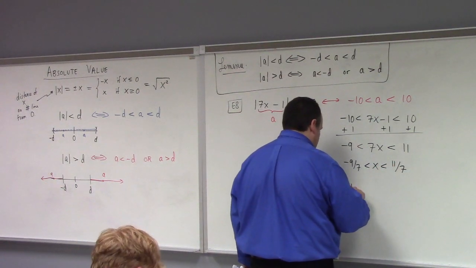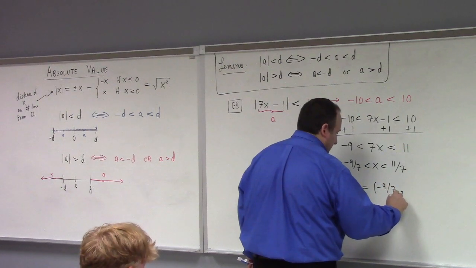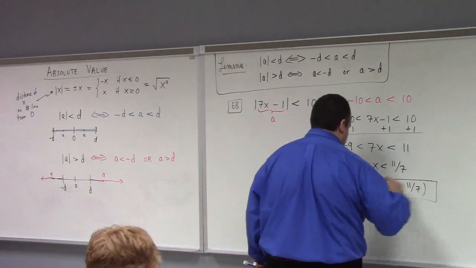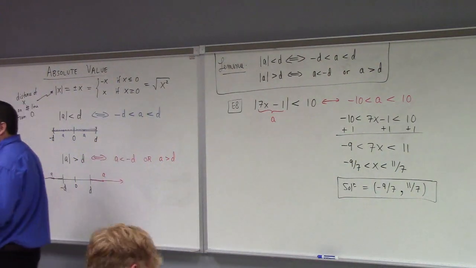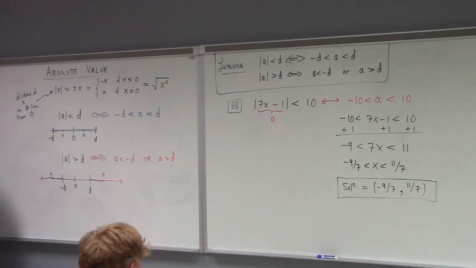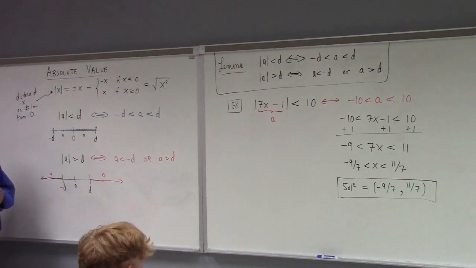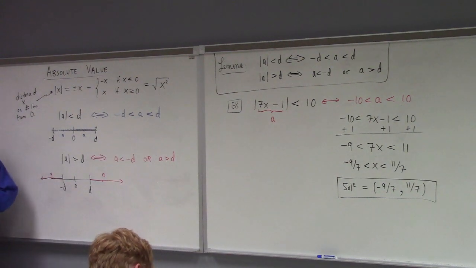So my solution is minus 9 sevenths comma 11 sevenths. There you go. There's the solution in interval notation. That's it. We're done. We solved this problem. Those are the x which solve this inequality, between minus 9 sevenths and 11 sevenths as it happens.